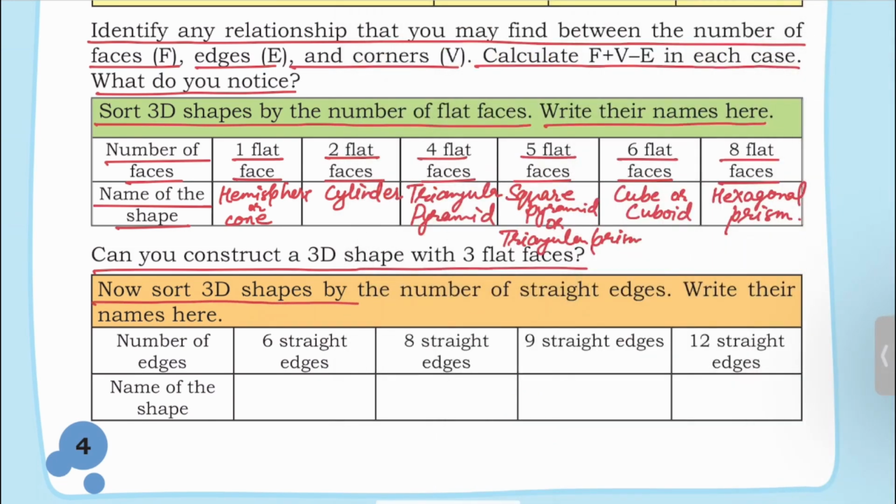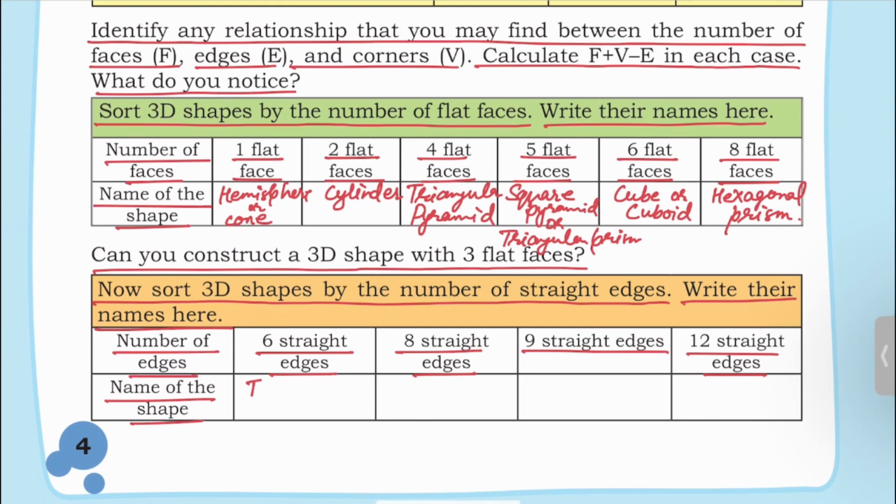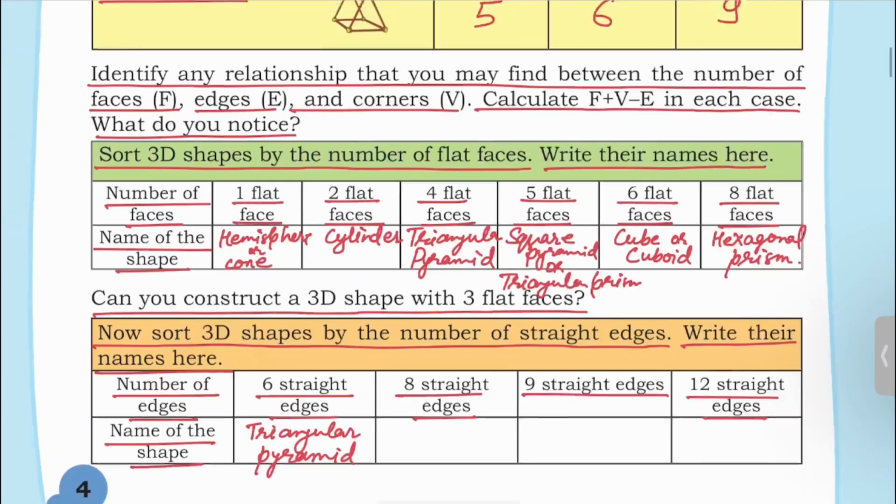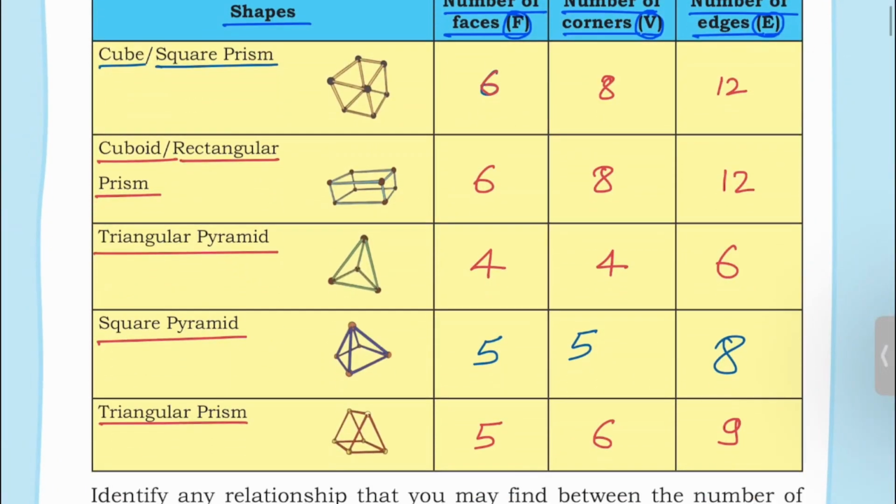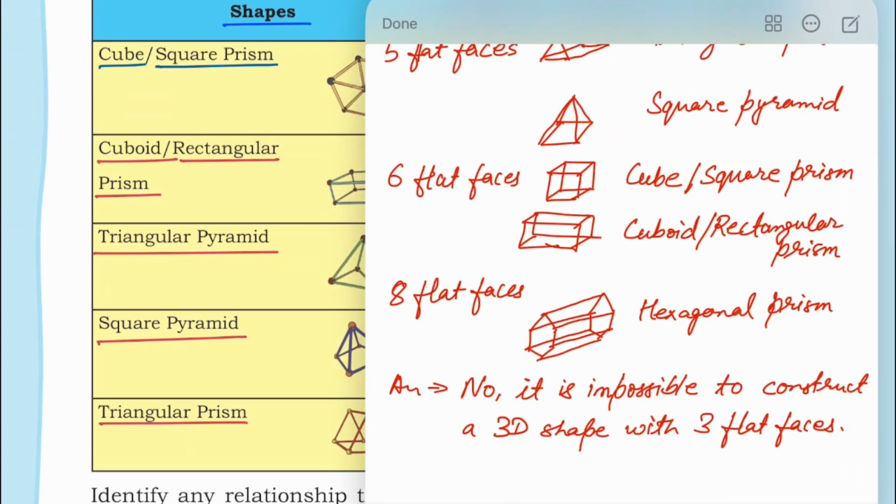Now sort 3D shapes by the number of straight edges. Write their names here. Number of edges: 6 straight edges, 8 straight edges, 9 straight edges, 12 straight edges. Name of the shape: for the first one, the shape having 6 straight edges is triangular pyramid. You can take help of these pictures or the pictures given here.